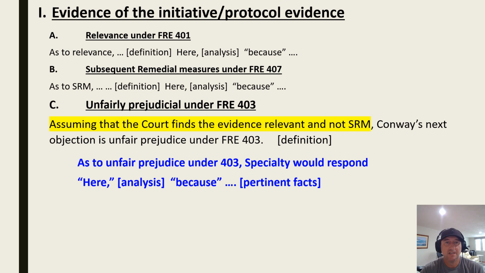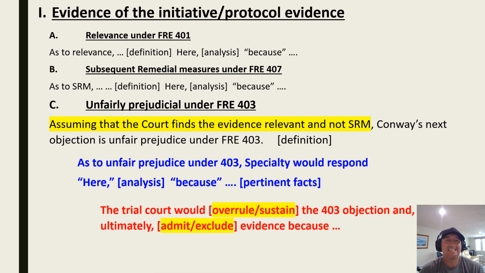And so the conclusion of the IRAC, the C in IRAC, is I'm going to talk about what the trial court would do. For each individual objection, I'm going to say the trial court would overrule or sustain the objection depending on the analysis that I set out above against the rule that I set out above. And by the end of this item of evidence, by the end of all of Roman numeral 1, I'm ultimately going to explain if the court's going to admit or exclude the evidence.